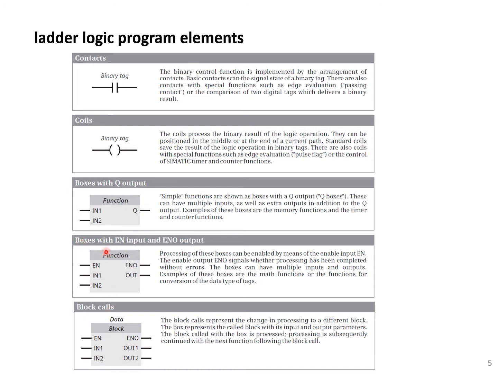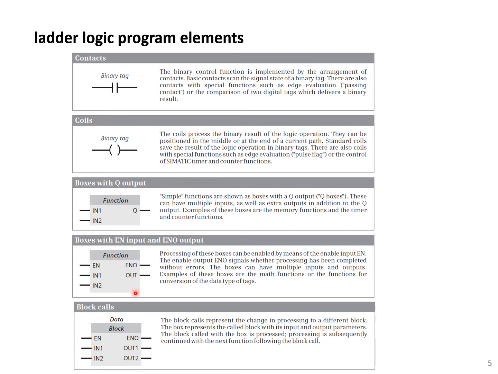Another box is a box with an EN input and an ENO output. When the function is enabled, then this enable output, ENO, is true. So we know that the function is now enabled, is working, is in function.